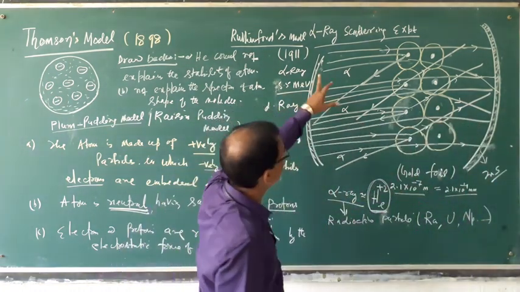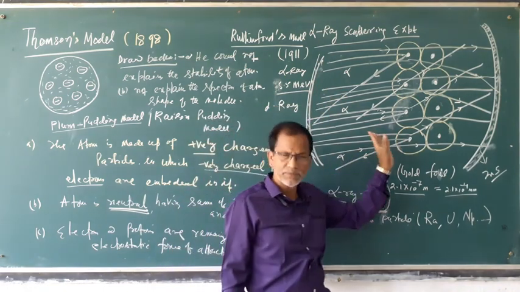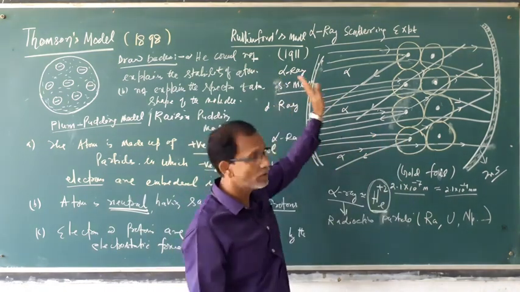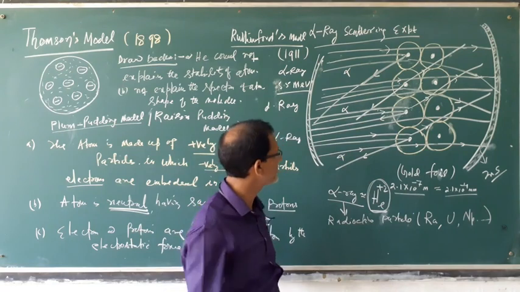During the alpha ray scattering experiment, Rutherford found 3 types of observation. What is the observation?